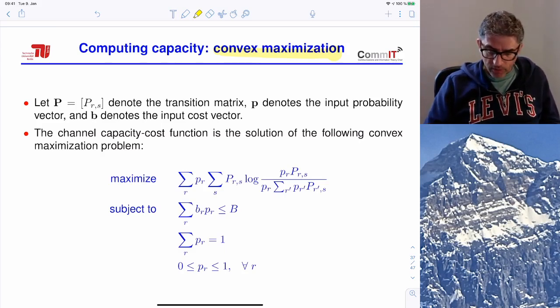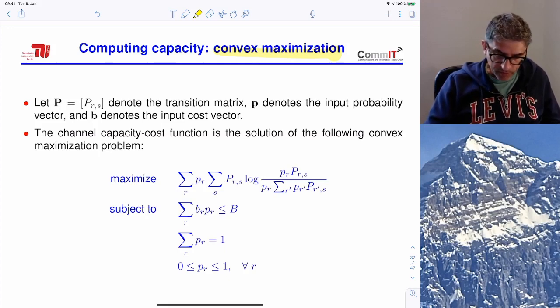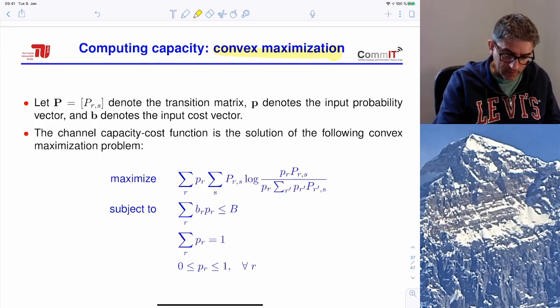So how do we write this problem mathematically? Well, we define the channel through its probability transition matrix.